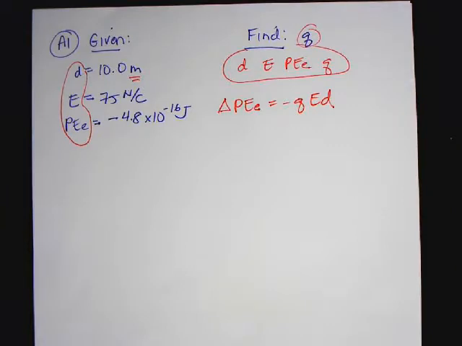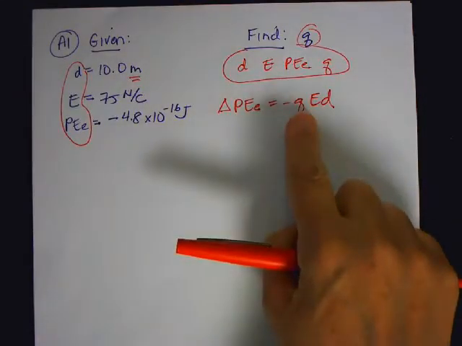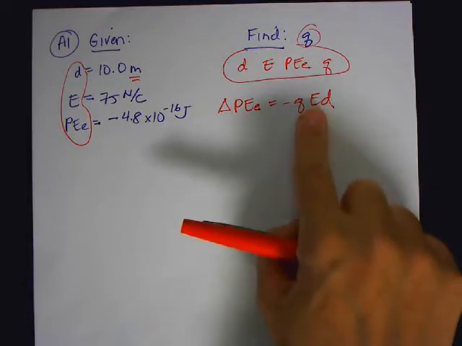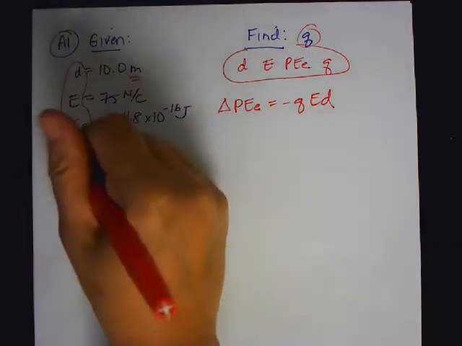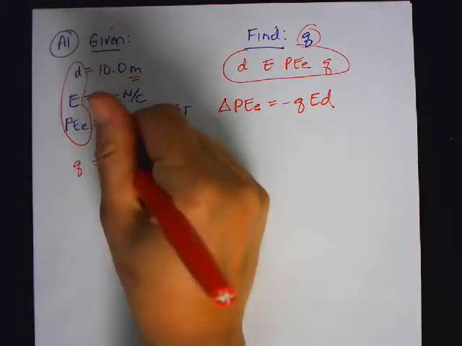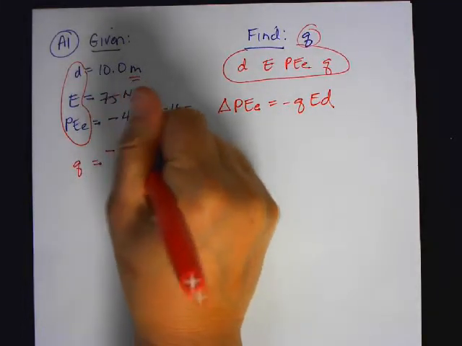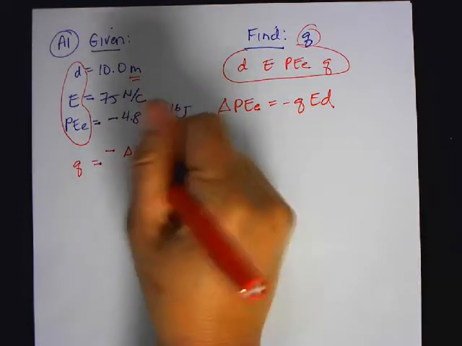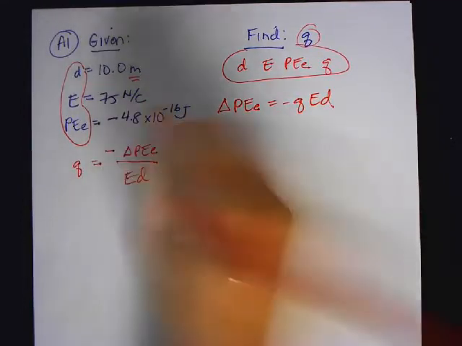Now I want to solve for Q, so I'm going to rearrange the equation to solve for the unknown in terms of the known. So if I want Q by itself, I'll move this to the other side. So Q is equal to negative delta PE, because I want the Q to be positive, over ED.